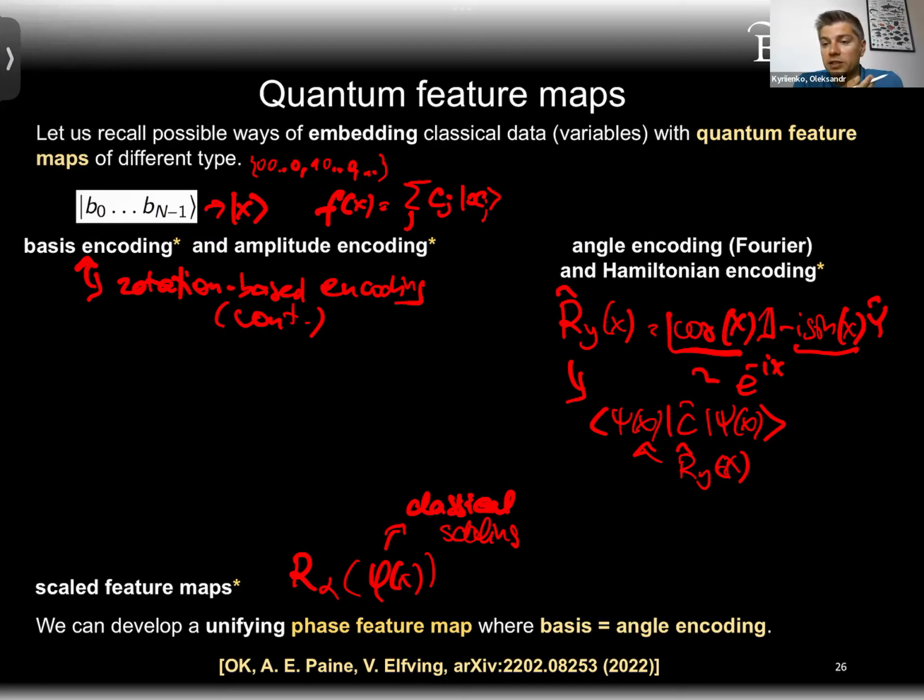So if I summarize the essence of feature maps, it's literally any unitary that's x-dependent can provide certain information about your data point to the quantum state. And you could apply it to zero state. You could first prepare some initial state with angles theta.